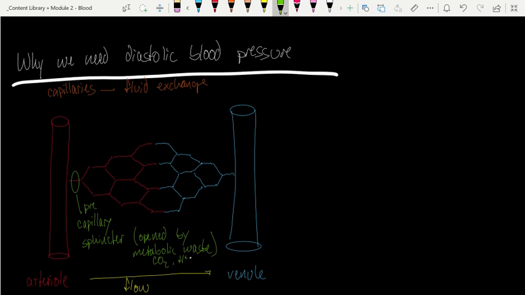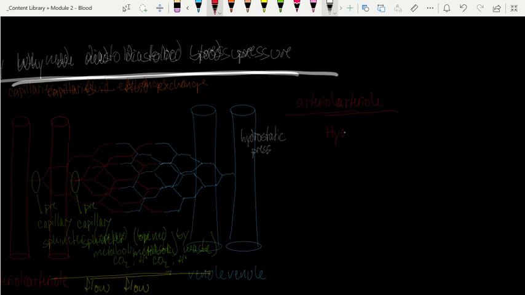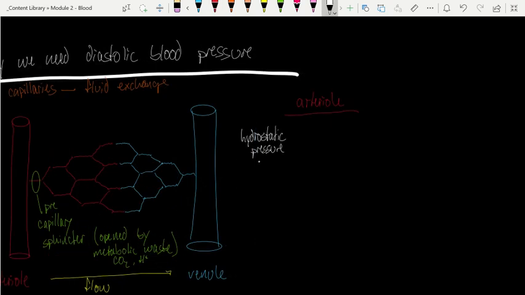Now I've got blood coming in. A couple of things to note. At this point, my blood pressure, what we would consider blood pressure, we'll draw this in red at the arteriole end. We're going to call this now hydrostatic pressure. This is what we're thinking about when we're thinking about our blood pressure.